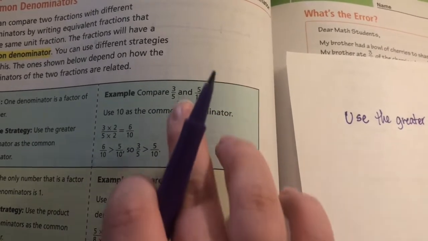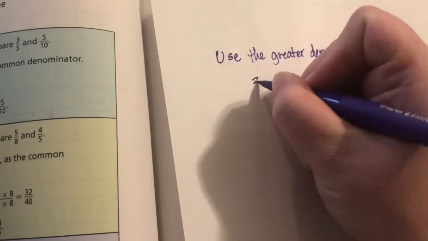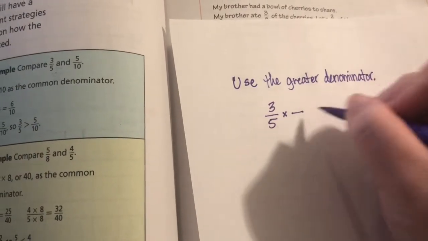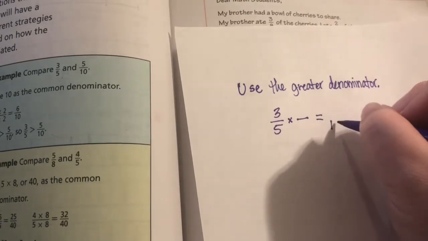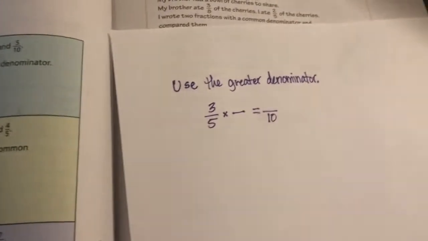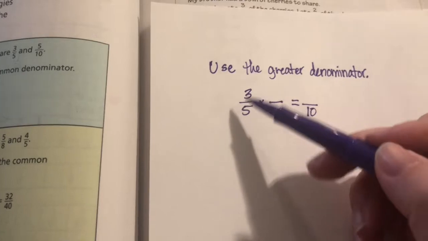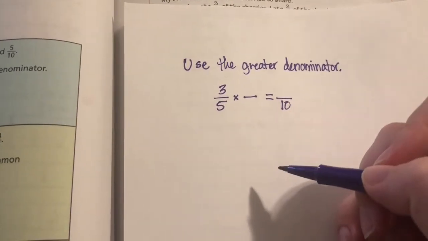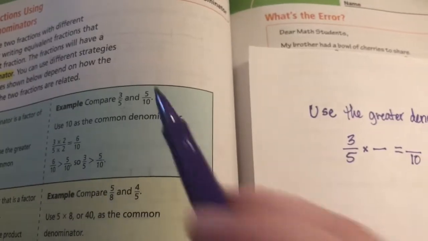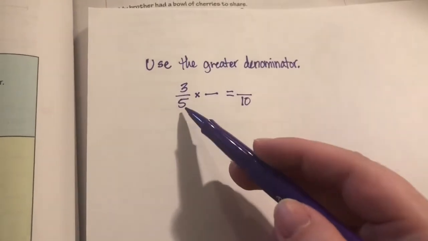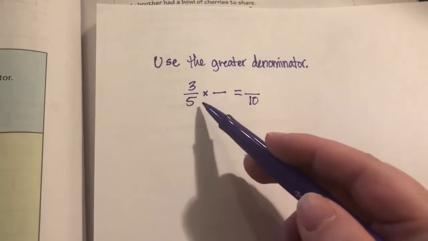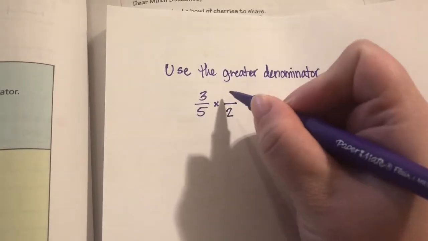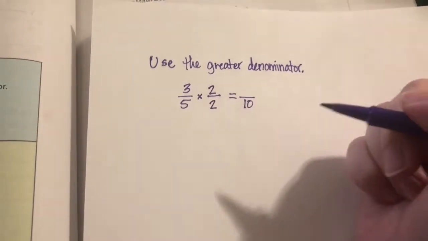Now let me explain that. You're going to say, okay, 3/5 times what would give me a 10 on the denominator? I'm going to change this fraction, 3/5, so that it has a 10 on the denominator so I can compare it to 5/10. So 3/5 times, well, 5 times what would give me 10? That would be 2. So my whole that I'm going to multiply it by is 2/2.